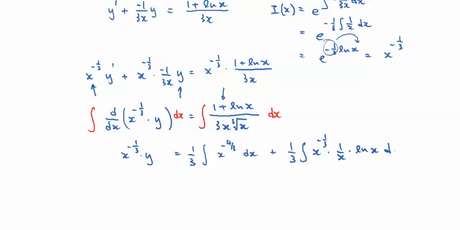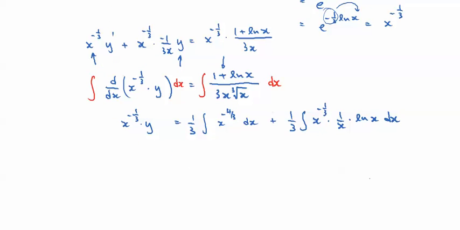There is a reason why I would prefer this way, because I'm going to let this be my u. Let u be ln x, and that means du equals 1 over x dx, which means I have this and that way. This will be u. But what about this term at the front?